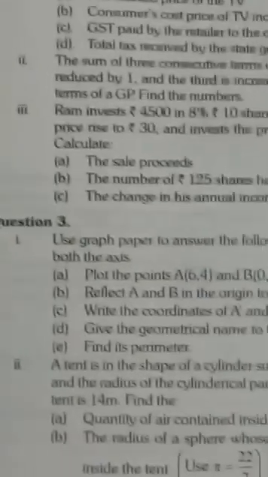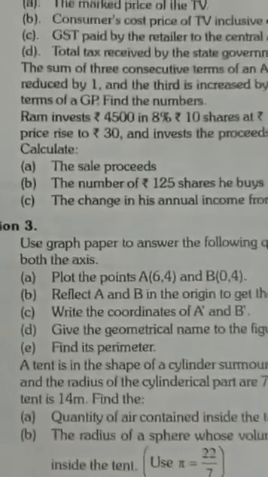Okay, so the sale proceed is 9000 for the first part, the number of 125 shares is 72 for the second part, and the change in his annual income is 624 for the third part. Now question number 3, use graph paper to answer the following question.